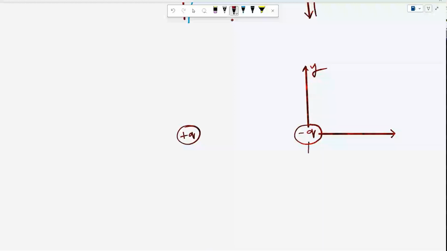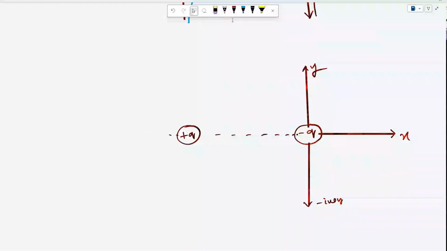This is negative y-axis. Positive x. Direction plays a very important role here. Graph is just a repetition of that. Okay? It's just repetition of that thing.